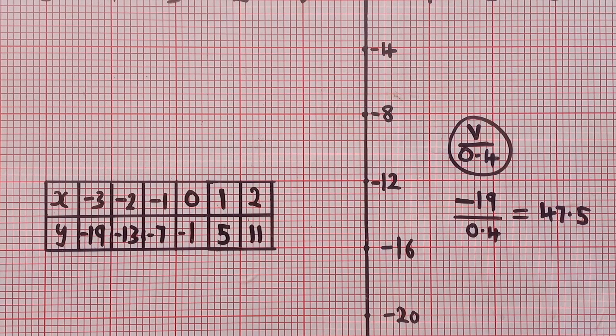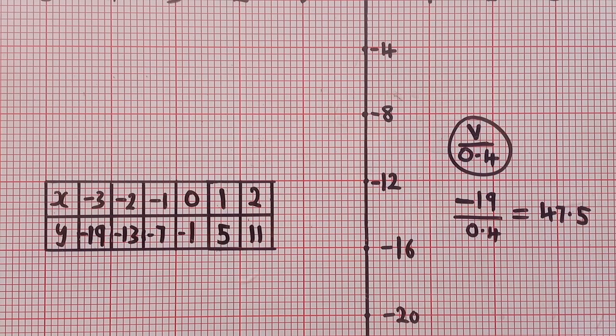We're going to start with the first value on the y-axis to replace this v. If we do that, this minus 19 takes the place of v, so we have minus 19 over 0.4. Don't forget how this 0.4 came to be. Whether it is minus or not, the answer we're going to get must not be affected.